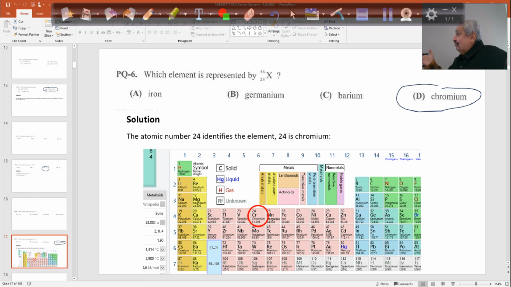So it should be around 48, correct? But it's not 48, it is 51.2. That's because it has more than one isotope in nature, so more neutrons are there in the 2, 3, or 4 isotopes of chromium.